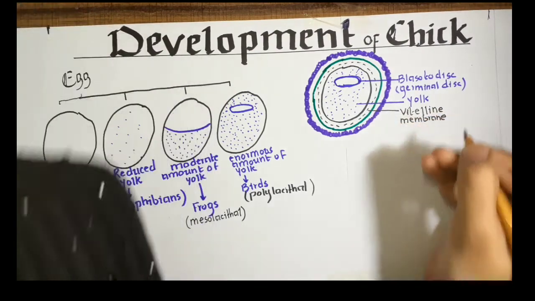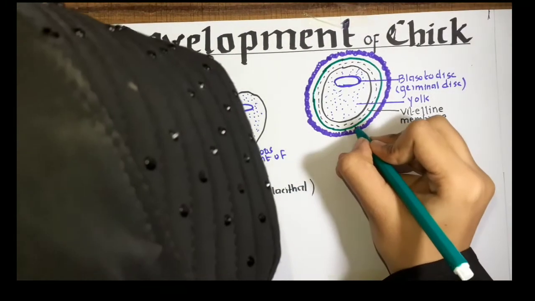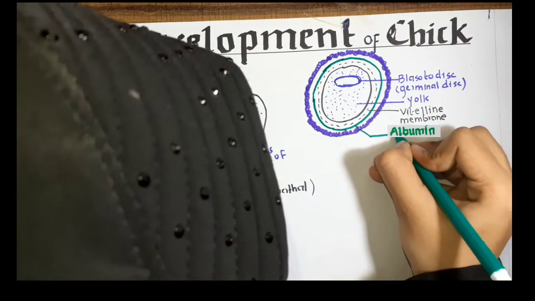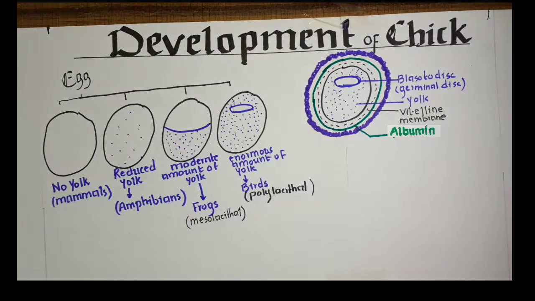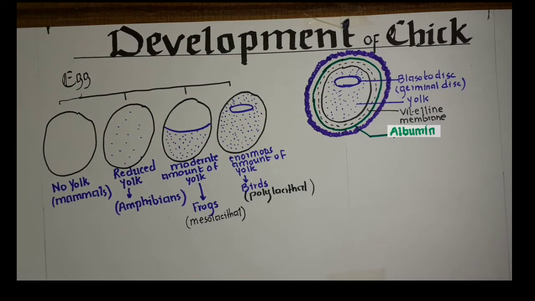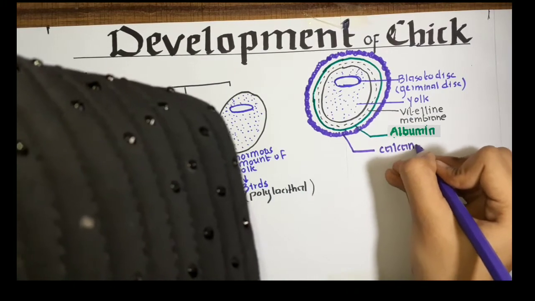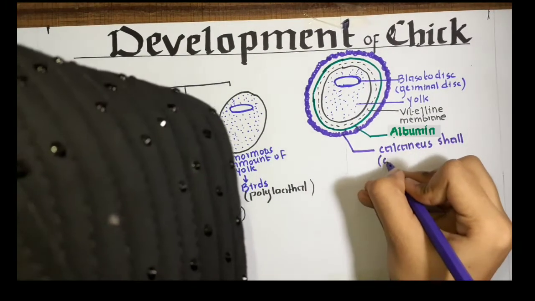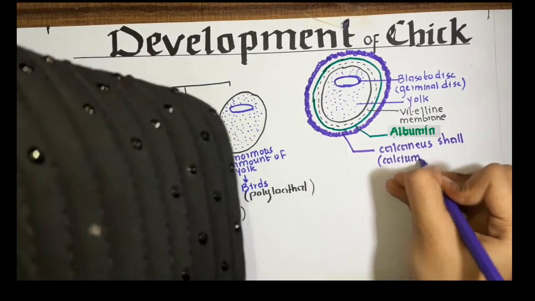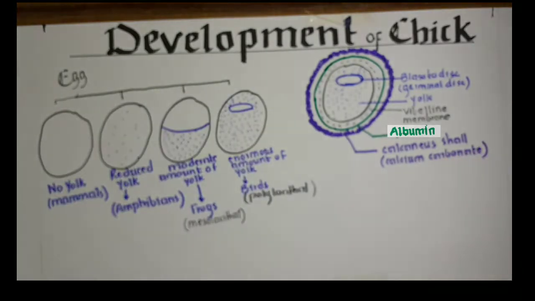Remember, vitelline is non-cellular. And then we have albumin. Albumin is the egg white. Remember, albumin is the egg white. And then we have the calcareous or shell membrane, and it is the hardest layer, made up of calcium carbonate. It provides firm protection to the cell.